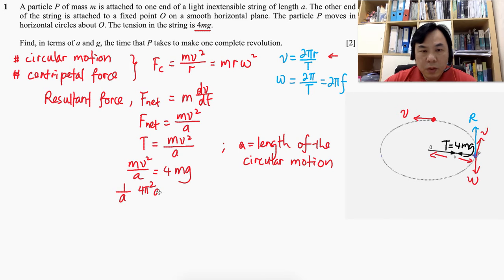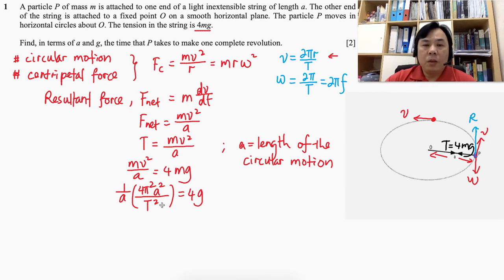So radius of the circle itself is a. That will also be a square itself, and then divided by t square. Okay, t square is the time period, which is the variable that I need to discover here. The time taken to make one complete revolution here. All right. So basically, that is how it looks like at this point of time.